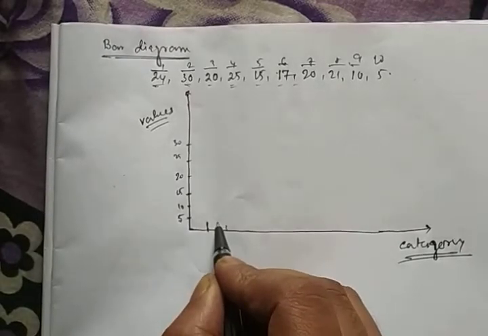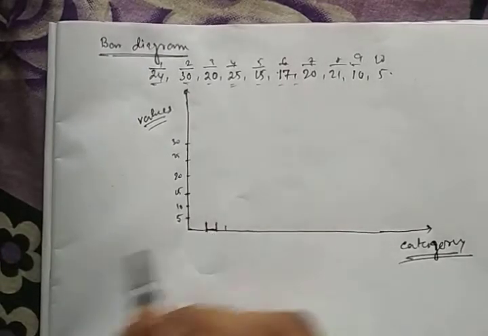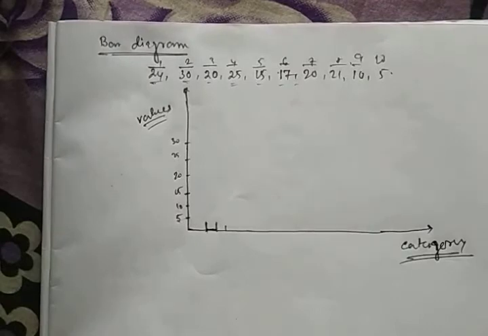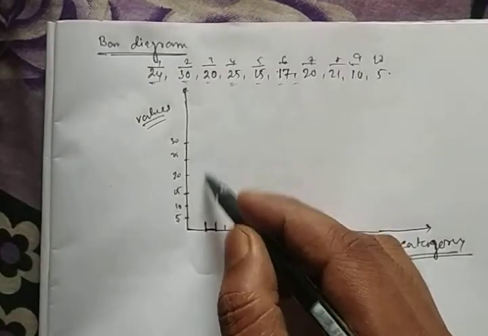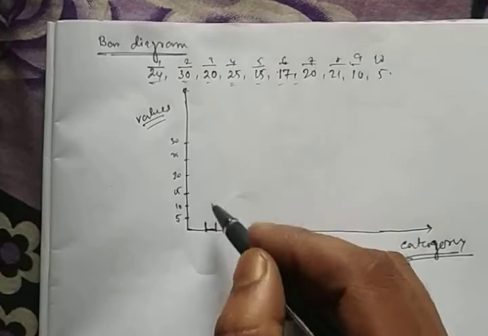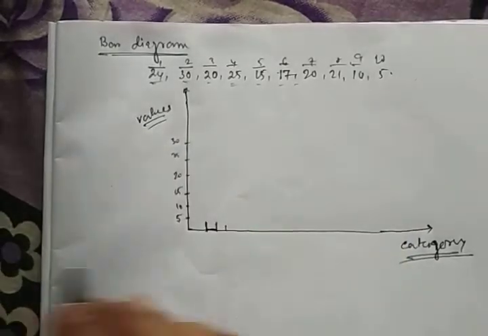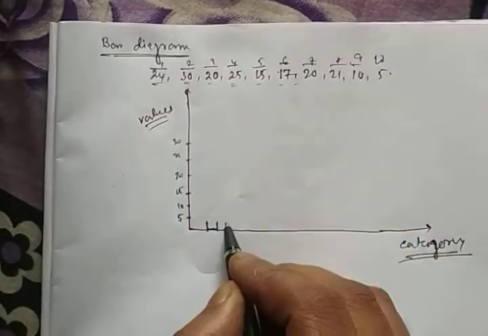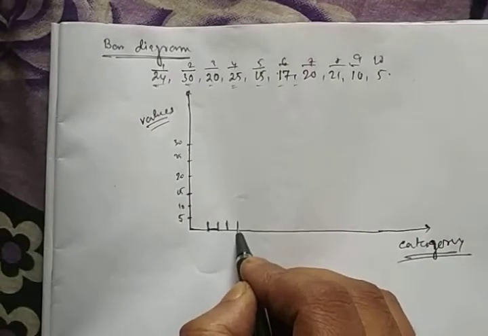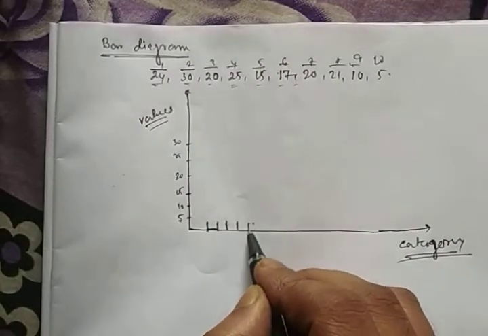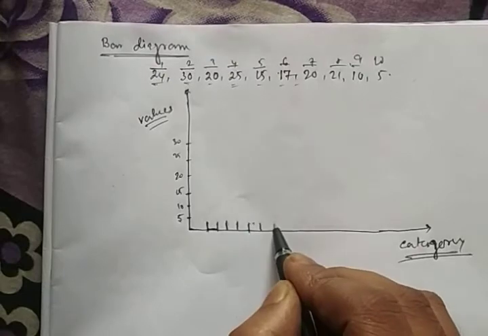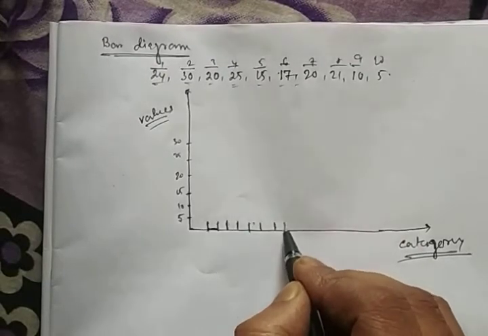Every figure will have the same length, and the height of each rectangle represents the data. So there are 10 observations, and we will get 10 rectangles of the same length.